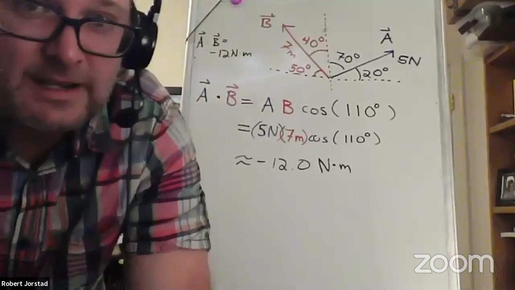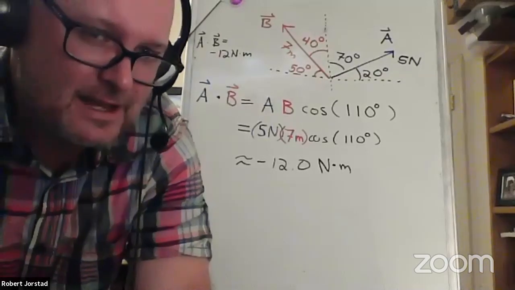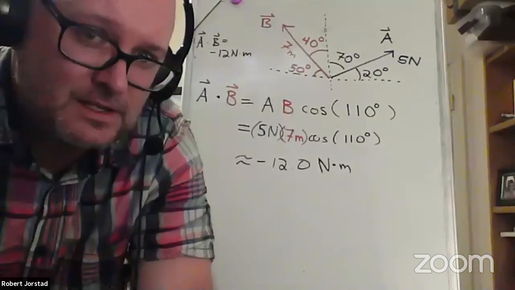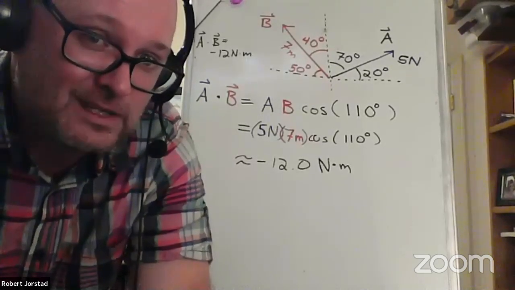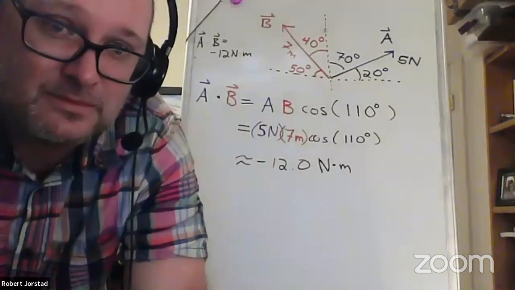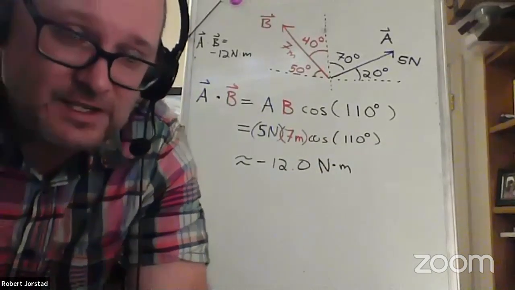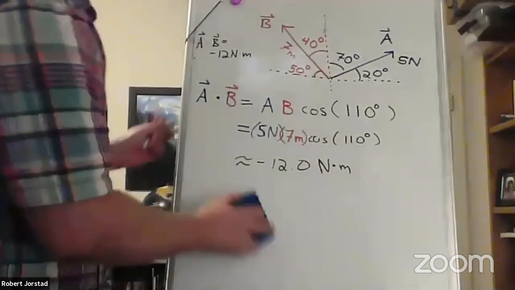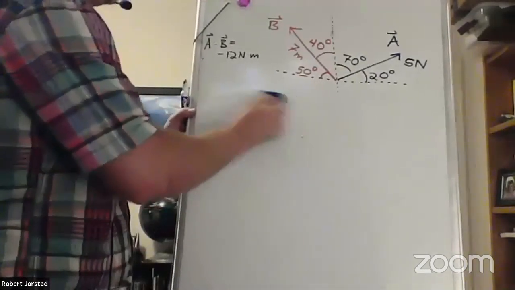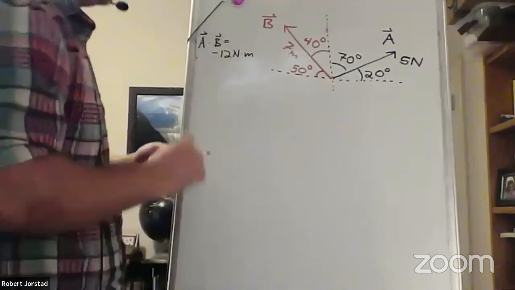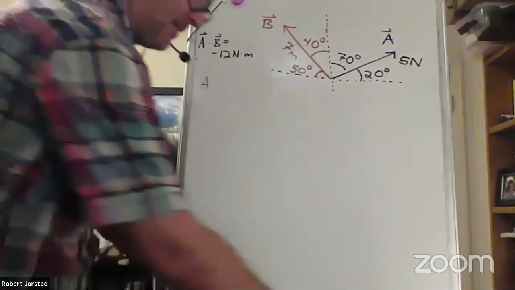And now what I want to do is, even though we're done with this problem, let's do it again using the Cartesian form. So the first step is get your vectors in Cartesian form. So I'm going to put the screen up. Okay. I'm going to try and get A as a Cartesian form and B as a Cartesian form.